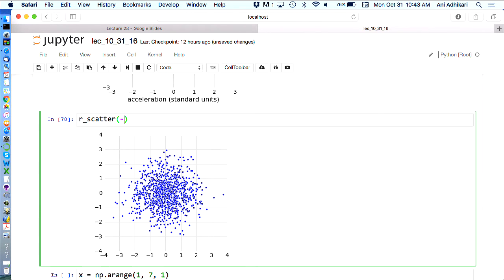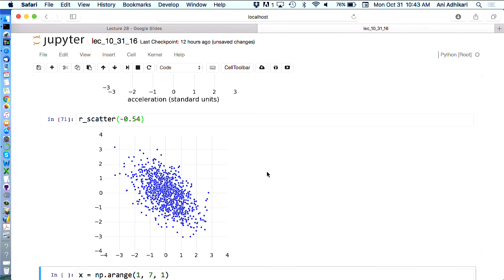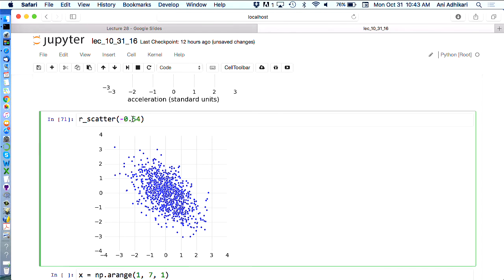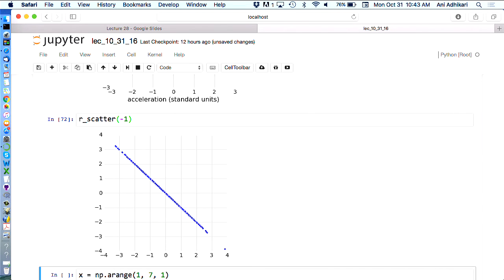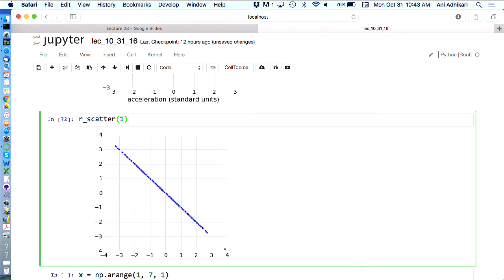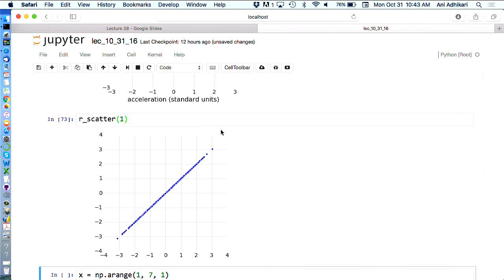I think it's a good idea to look at some negative number. Negative number, things slope down, just to check that this thing is doing what it ought to do. If I do -1, what should I get? I should get a line. If I remove the minus, I should also get a line. Okay. Yep.